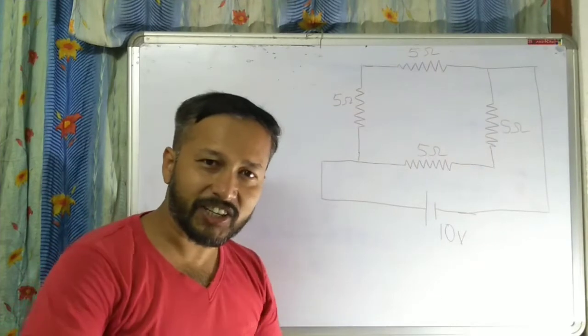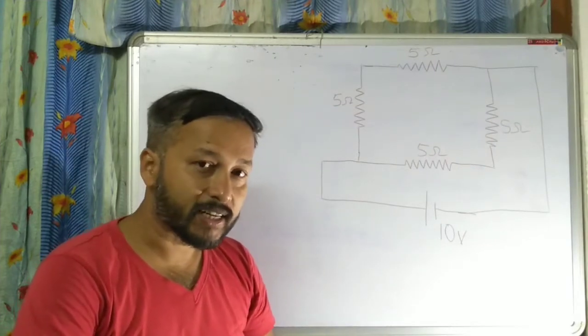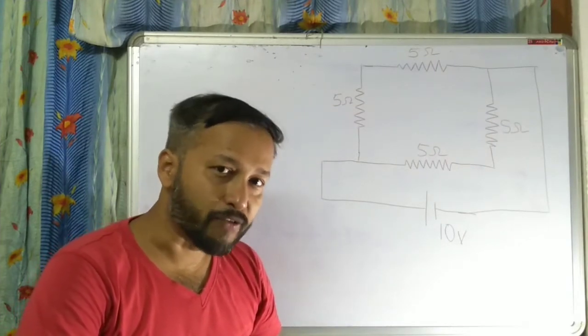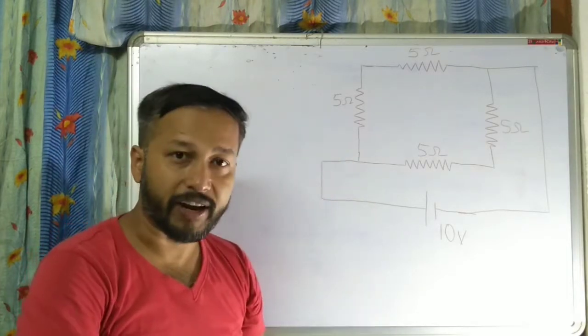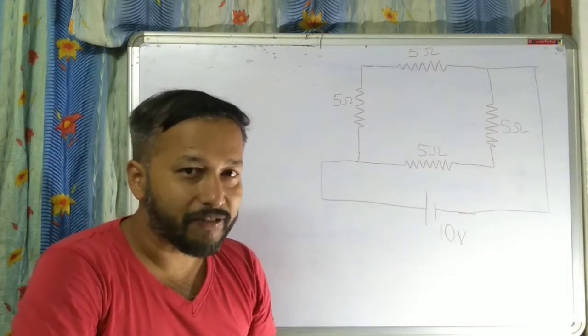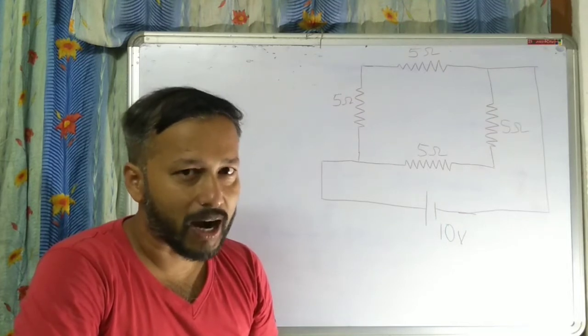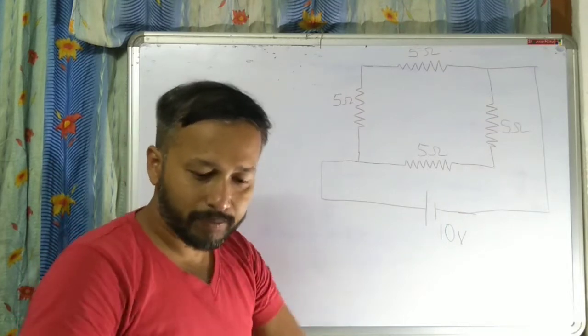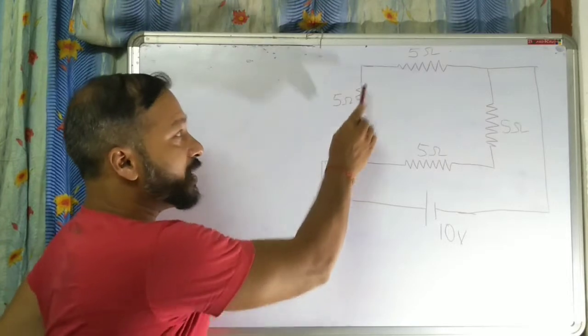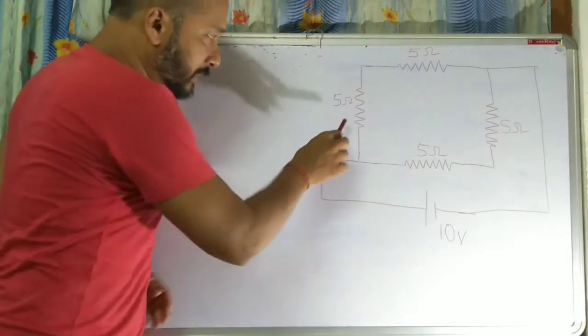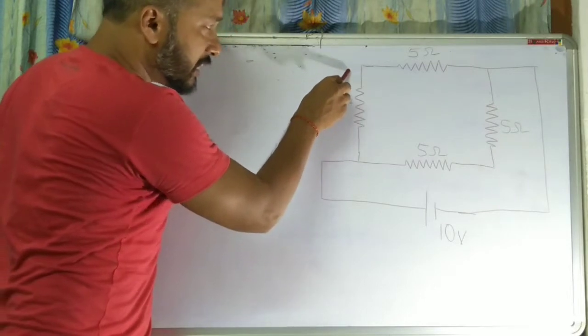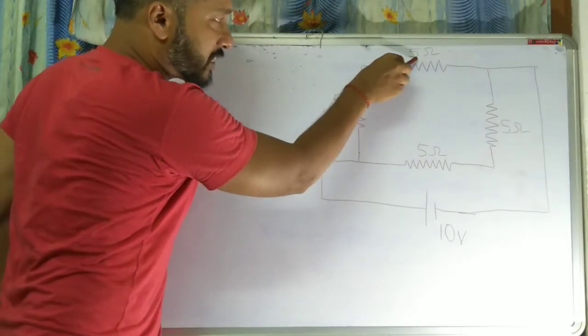We'll see another sum. See this circuit. 4 resistances are there, all 5 ohm, connected in a special way. You have to identify which are in series and which are in parallel. Let me help you. These two resistances are in series. How? This resistance is continuing with this resistance.